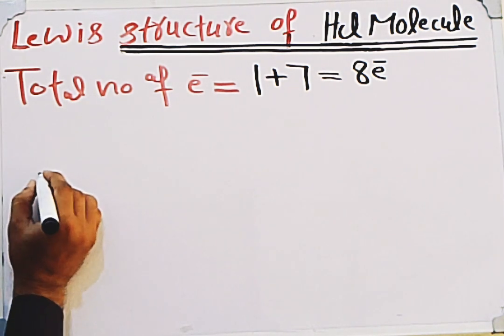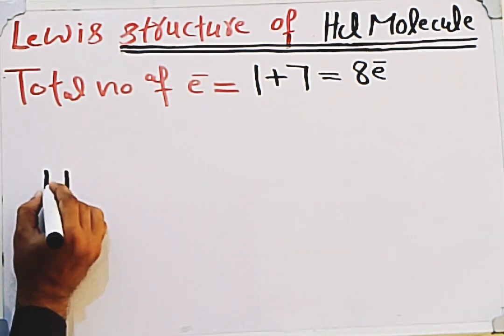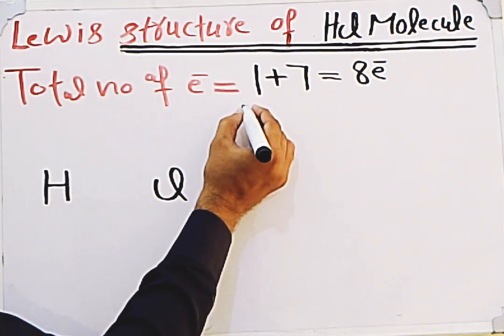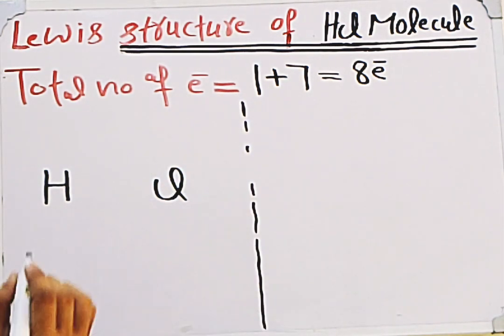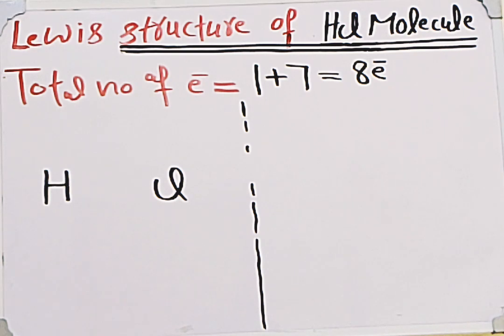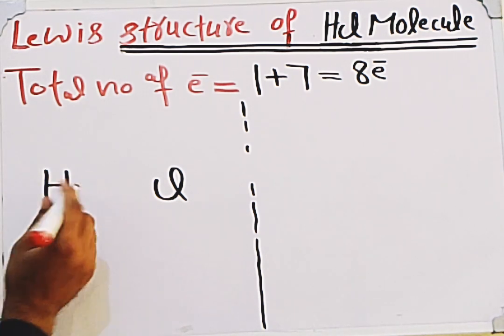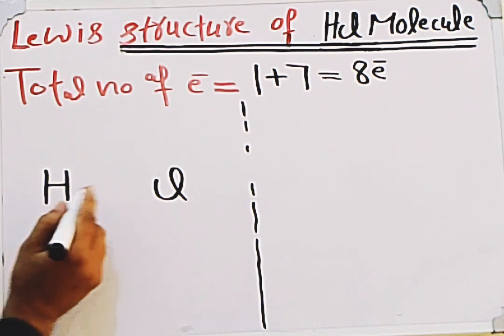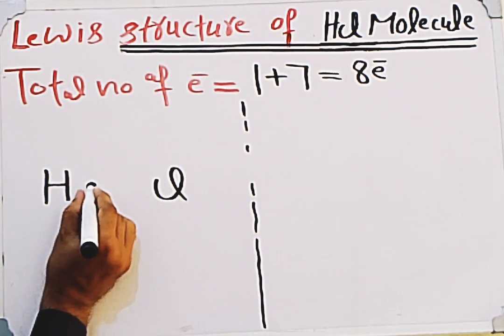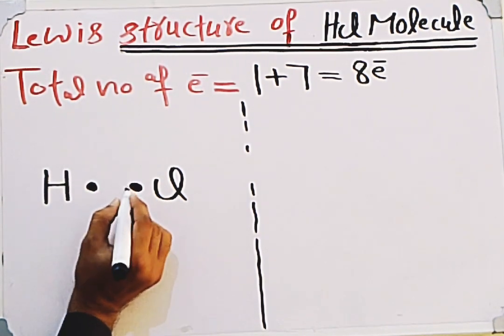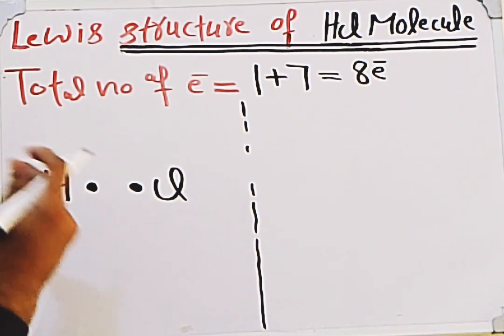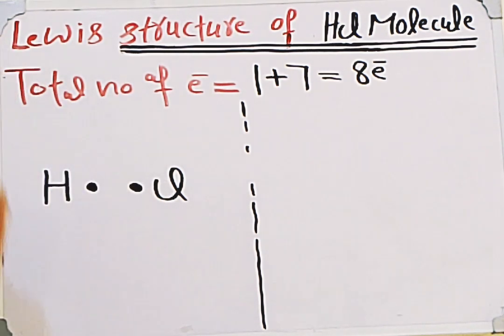So, hydrogen, chlorine. Students, first of all, we have to place a pair of electrons between hydrogen and chlorine to make a single covalent bond.